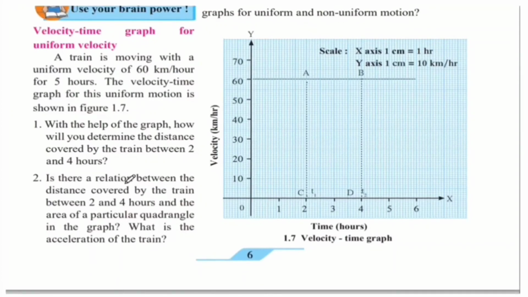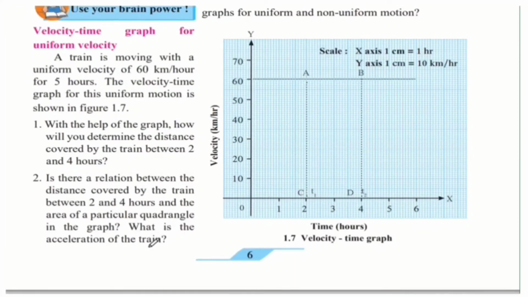Is there a relation between the distance covered by the train between 2 and 4 hours and the area of a particular quadrangle in the graph? So if you calculate the distance, it would be equal to this quadrangle in the middle, that is quadrangle ABDC. So once you calculate the distance, it will be equal to the area of this quadrangle.